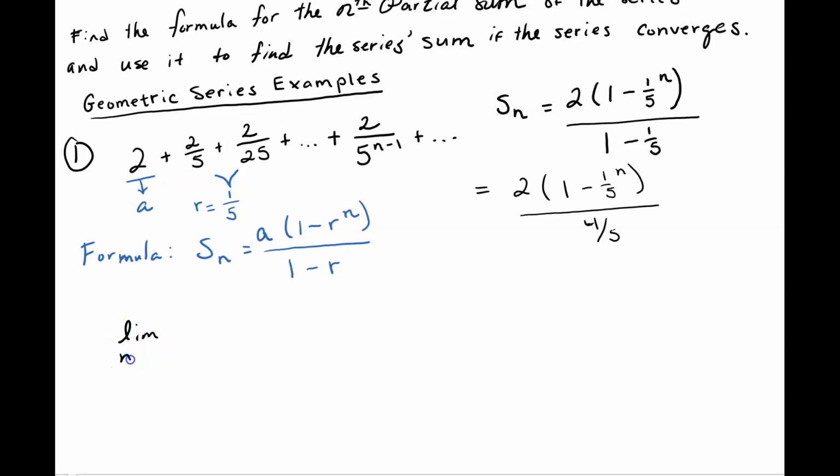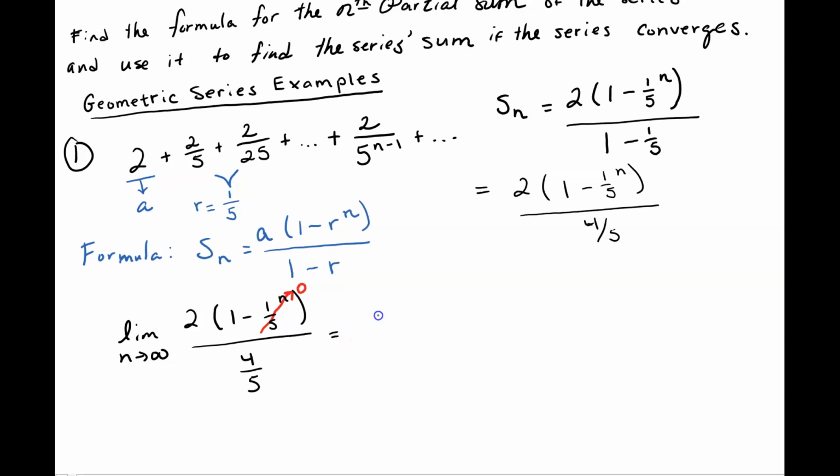The limit as n goes to infinity of 2 times 1 minus 1 over 5 to the nth power divided by 4 out of 5. Well, 1/5 to an infinite power, all right, it's going to get smaller and smaller and smaller as you go to infinity. So that being said, this part right here is going to go to 0.